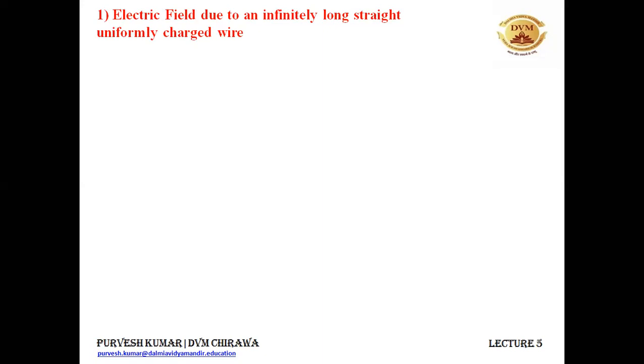Then what will be the electric field because of the presence of that wire at a given point? That we need to find, and we will be doing it with the help of Gauss's law. Please do it along with me in your notebook, otherwise you will not be able to understand it. Okay? So let's start.